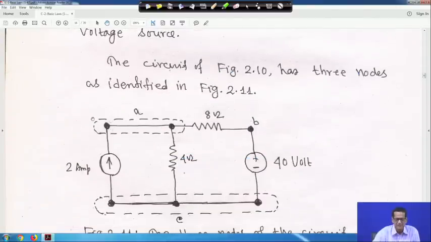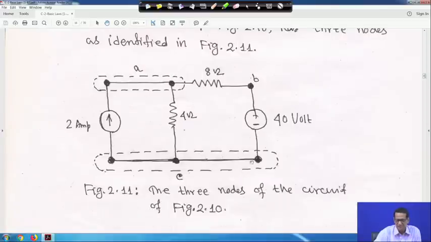So, this is basically one node because it is wire only. So, it is clubbed together, and similarly here also 3 points we are marking. So, they are clubbed together, right. So, this is A node and this is another one, that is B node, right. This is another one because any electrical element connected across two terminals means this is a branch.